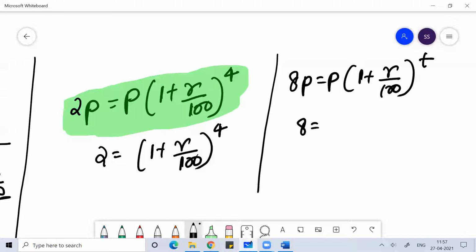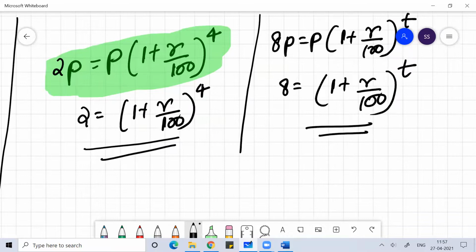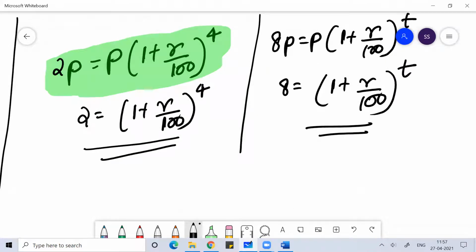Means I want 8 is equal to 1 plus R by 100 to the power t. Now compare this and this equation. See how you can make them equal. Very simple. How will you make it equal? If you take cube, 2 cube, this is 1 plus R by 100 to the power 4.